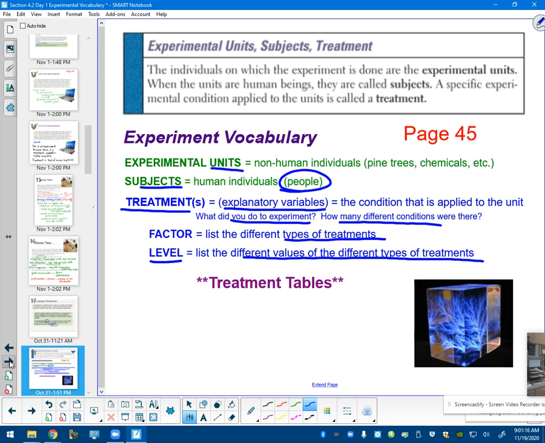And this is where it gets quite confusing if you don't have an experiment that is fancy enough. Does that make sense? All right, so if it's an easy experiment, this is going to be hard to do because your treatment and your explanatory variable and your factors and your levels are all going to be the same if it's an easy experiment.